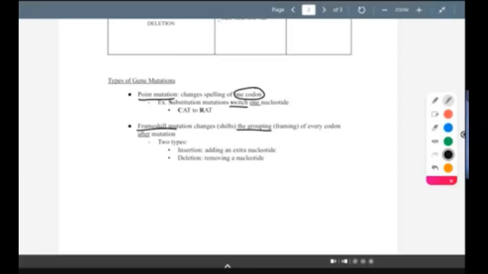And now because we added a nucleotide, that picture frame got shifted to the left or to the right. And so it changed the way the letters were grouped. And there's two ways that a frame shift can happen. You can either add one or you can remove one. Add one or take one away. Either way, if you add or take one away, it's going to change the three-letter group. Any questions here, guys? Good?